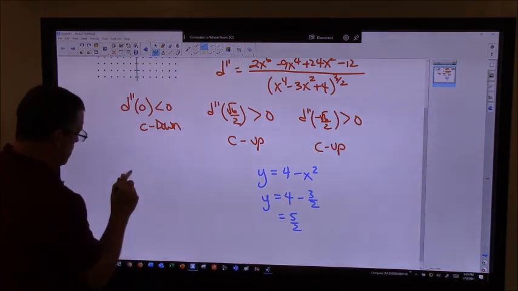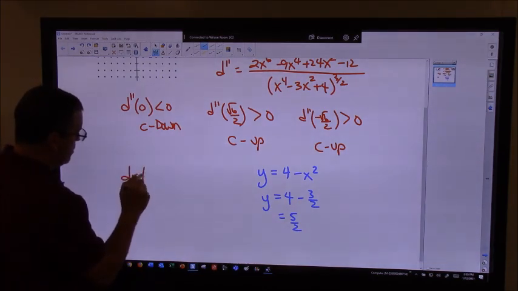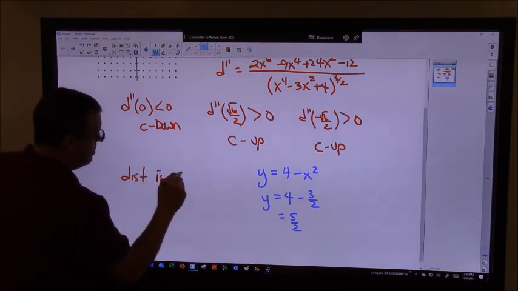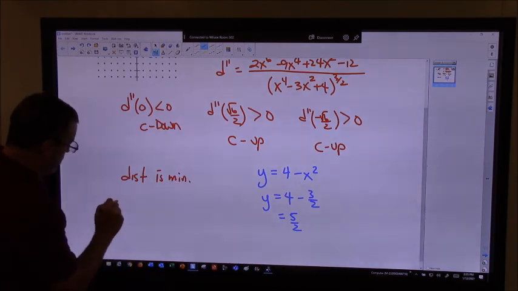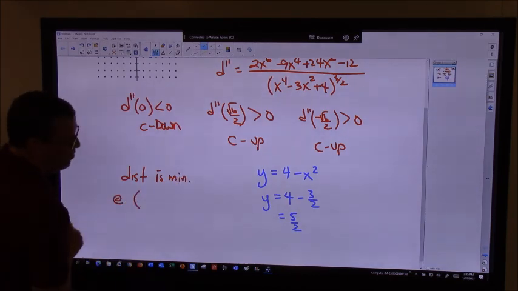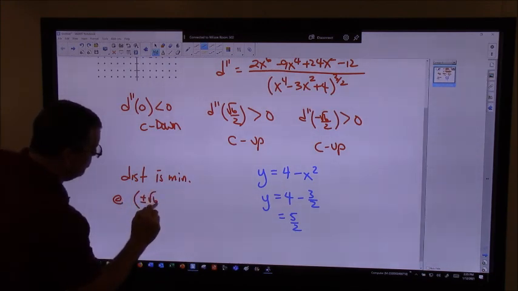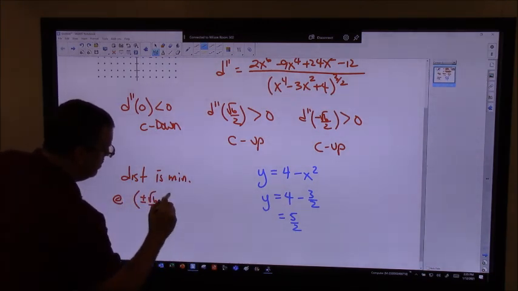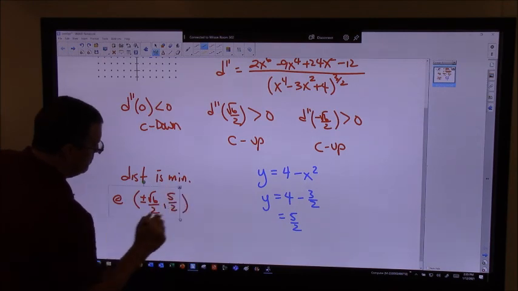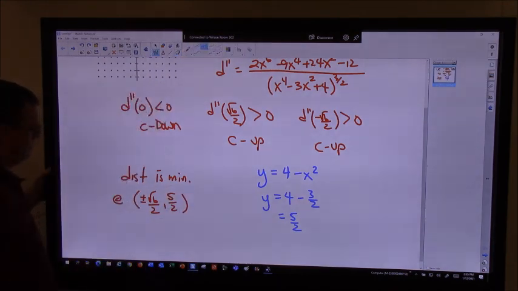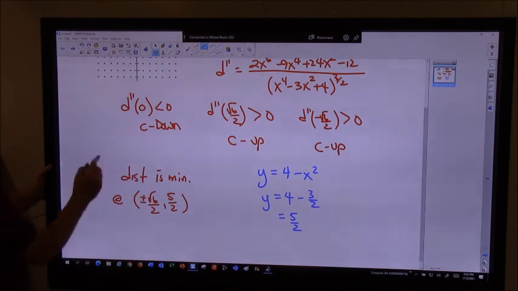So the distance is minimized at the points plus or minus root 6 over 2, comma, 5 halves. There's my final answer.